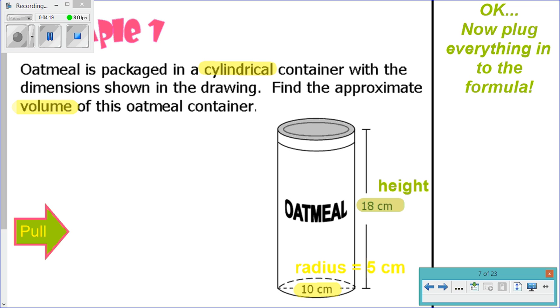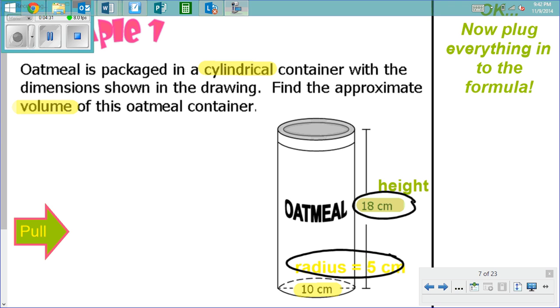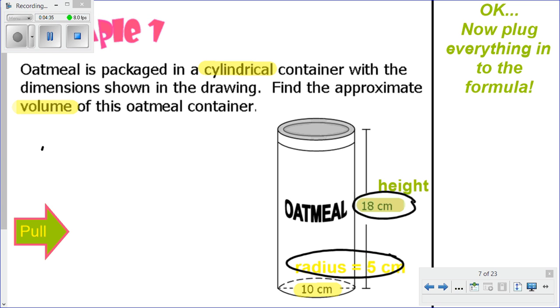Okay. Now we're going to plug everything that we need into the formula. We've got this radius right here that we've already determined. The radius is 5 centimeters. The height we know is 18 centimeters. So if we're plugging everything into the formula, we have volume equals big B times H. Big B is pi times the radius squared.